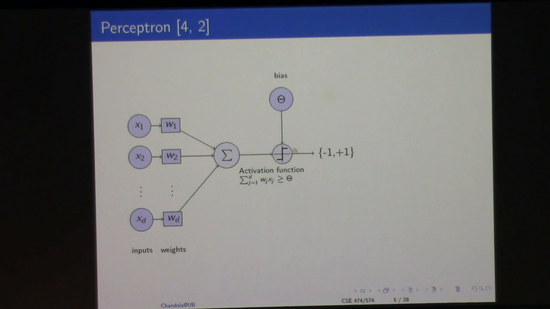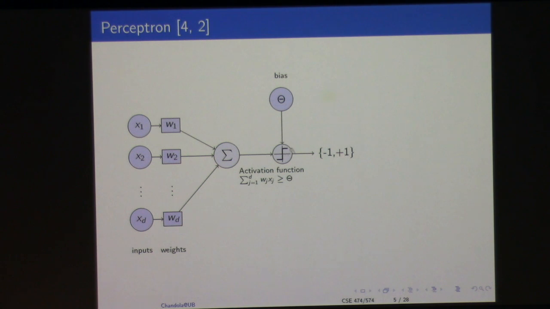And that produces this output, which we also write as W transpose X. So I can write this entire vector of weights as my W and all of these inputs as X, right? So all this is doing is a W transpose X, or an inner product.